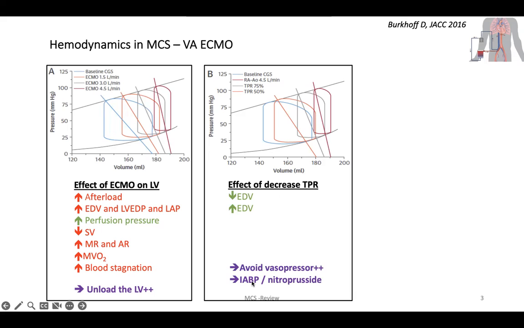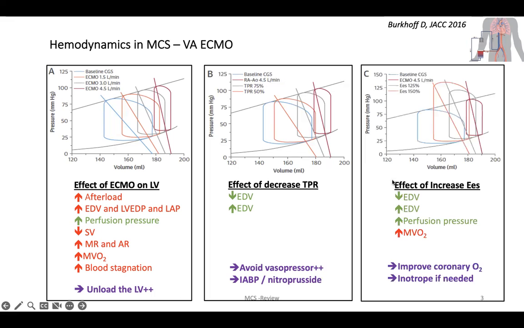As you know, intra-aortic balloon pump also decreases LV afterload, as does nitroprusside. That's why we use those therapies, and we'll talk about it a little bit later. Another option to decrease the negative effect of VA ECMO is simply to increase the contractility using inotropes.